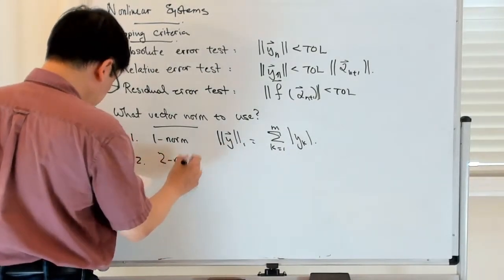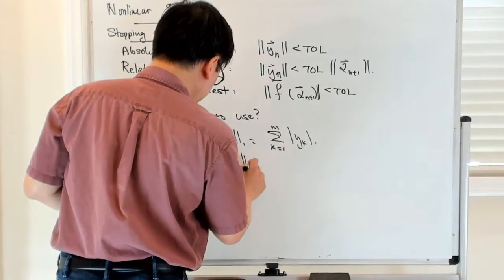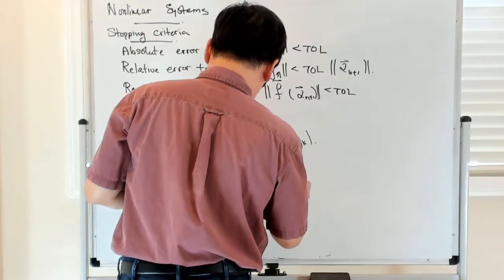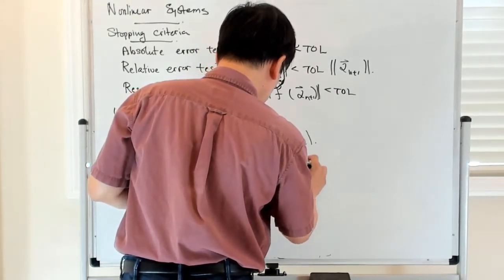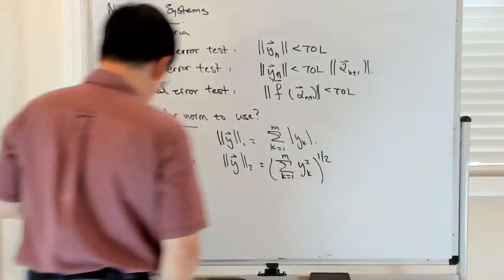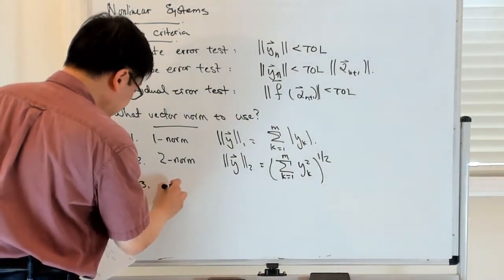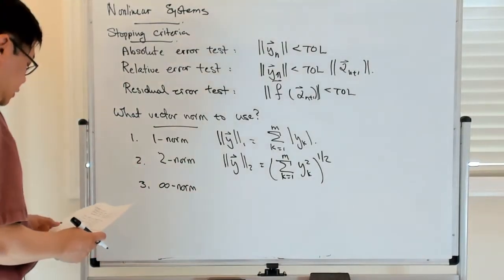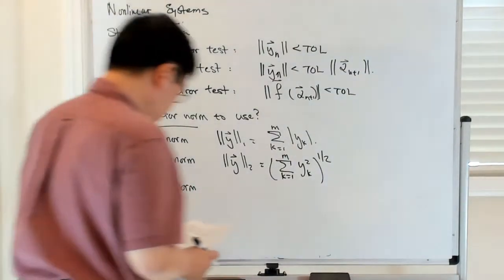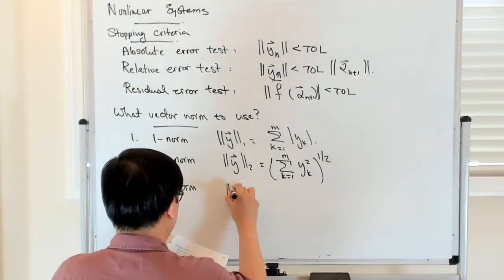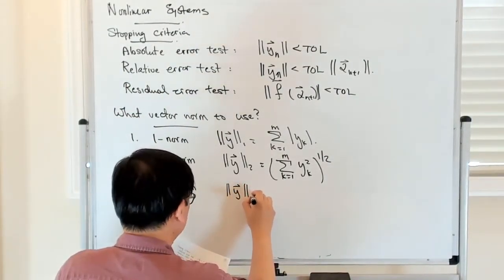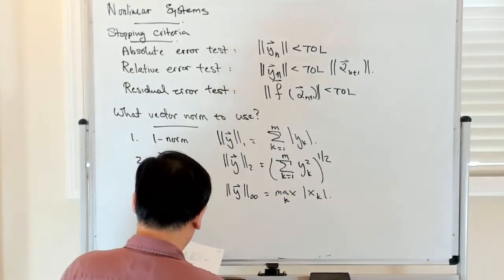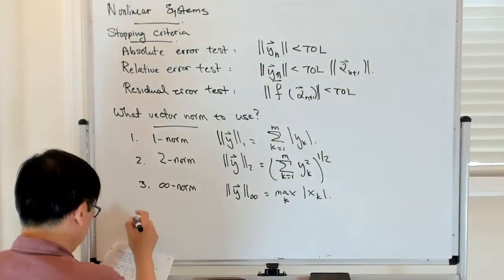The two norm is given by the square root of the sum of squares. This is the Euclidean norm, which you're familiar with. And then the infinity norm, which we briefly discussed when we were talking about the convergence of iterative methods for systems of linear equations, is given by just the maximum value of the components.